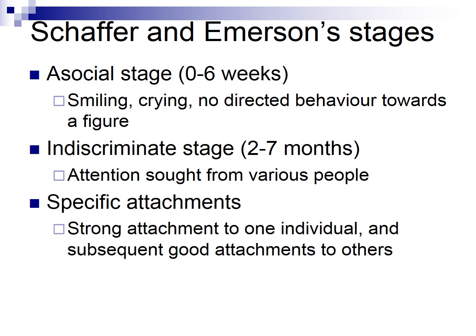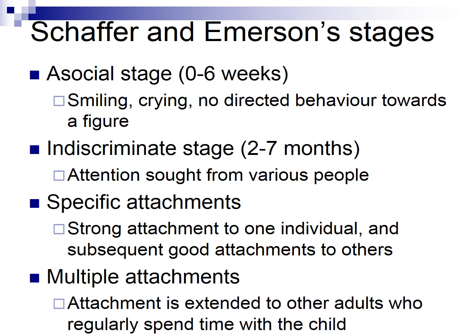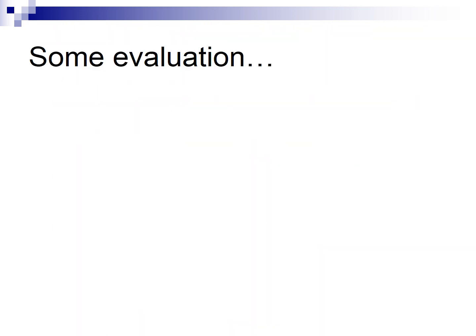Specific attachments, also called the discriminate stage, where there is strong attachment to one individual and there are good attachments to other people. And then finally, multiple attachments, where attachment can be extended to other adults, other people who spend time with the child, grandparents, siblings, etc.